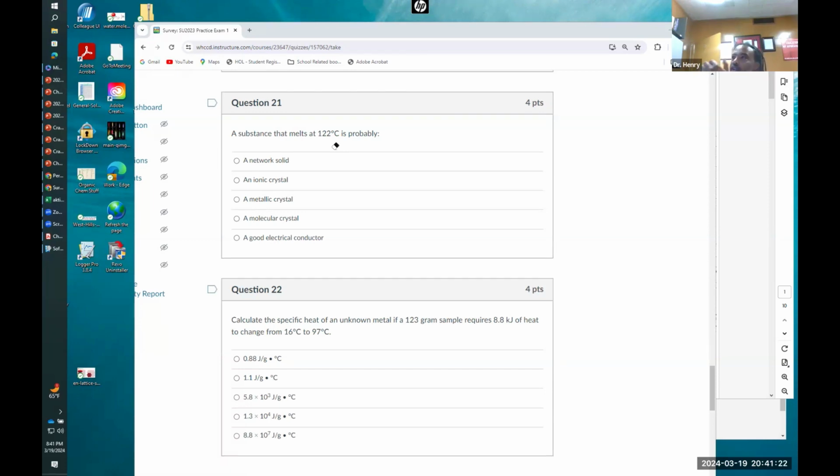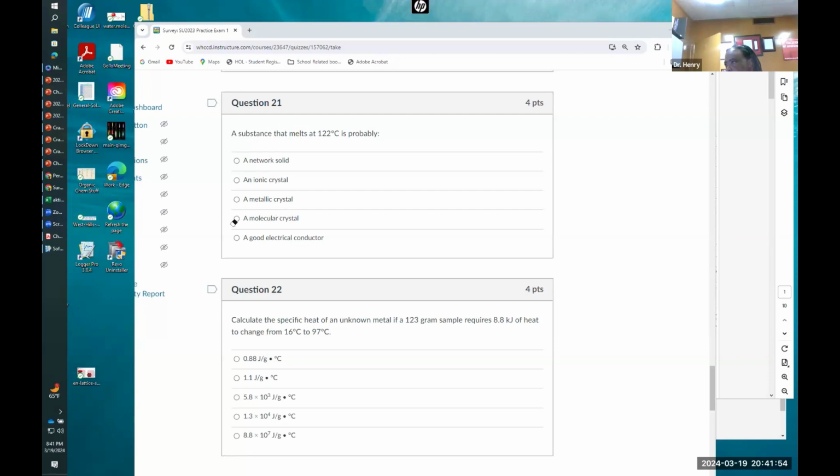Ionic crystals take a lot of energy to melt as well. Network solids are a mesh of things, and they're pretty high in melting temperature as well. So the one that you're talking about is probably your molecular crystal. Your molecules are covalently bonded, and there are not as strong interaction forces between them. So it's going to take less energy to take that apart.